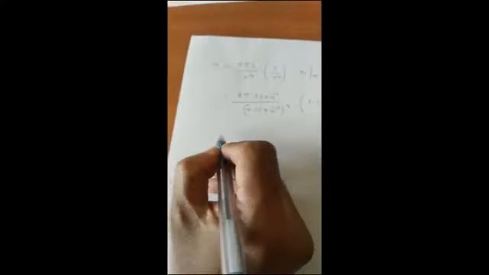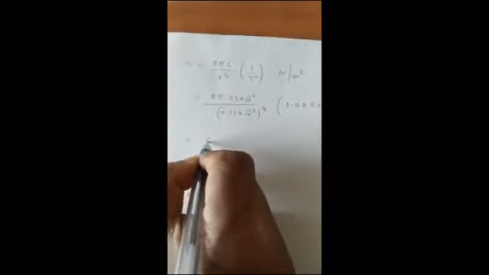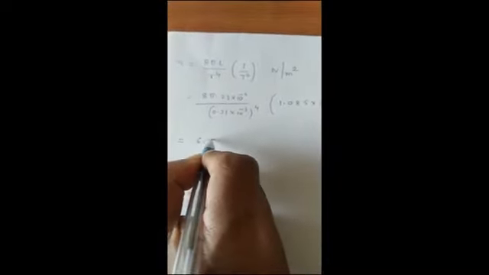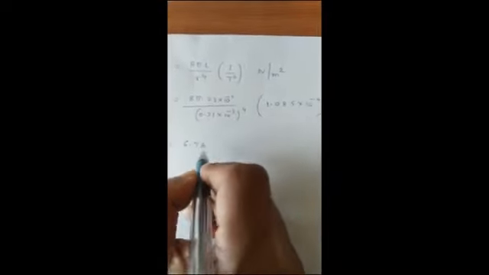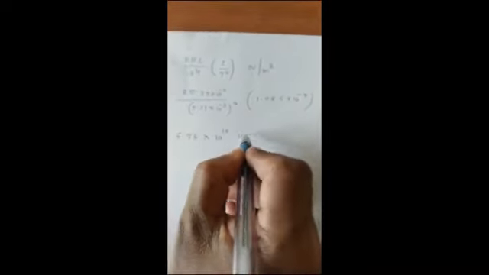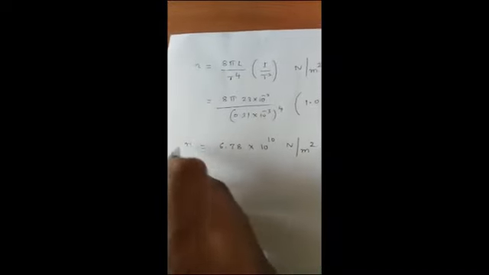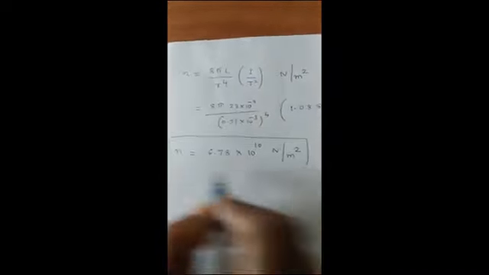If you calculate this, you get 6.78 into 10 to the power of 10 Newton per meter square. This is the value of the rigidity modulus of the given experimental wire.